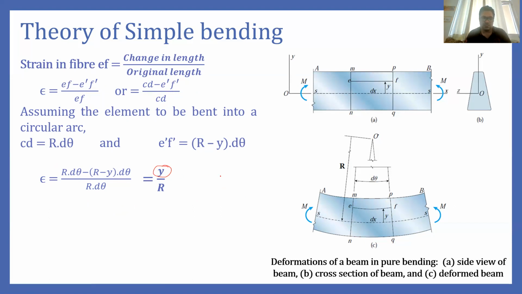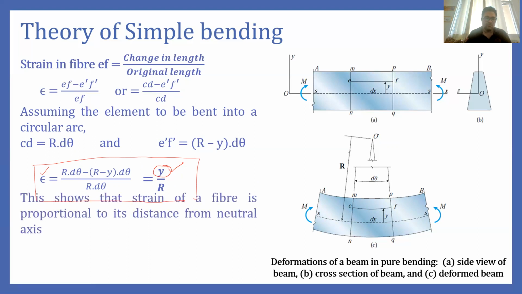So with this relation, we can say that the strain in the fiber of the beam is directly proportional to the distance from the neutral axis, because we know that epsilon is equal to y by r.